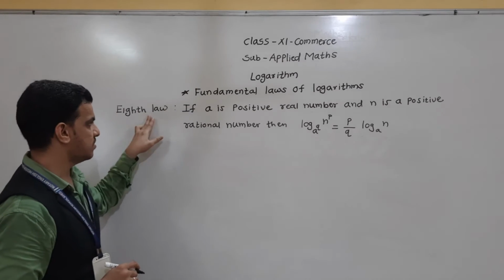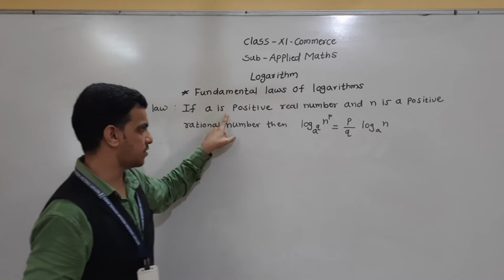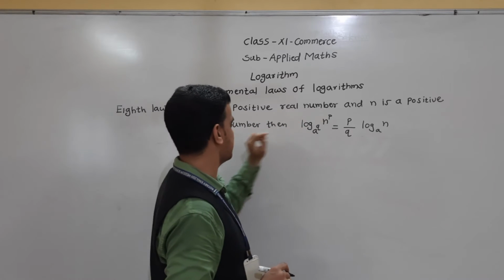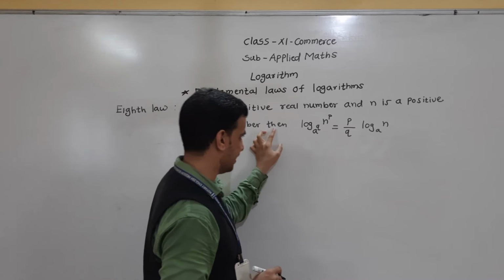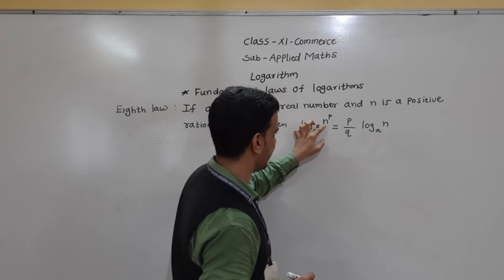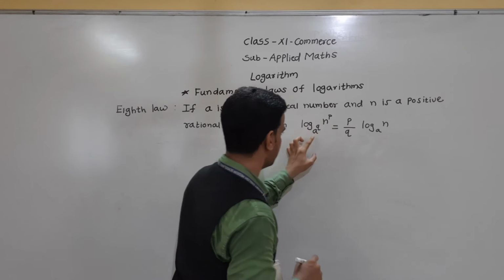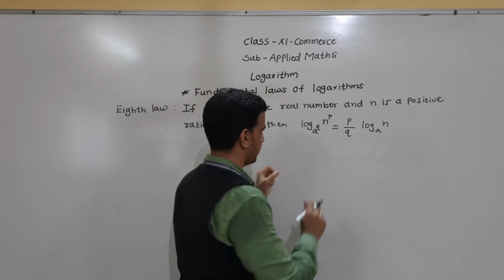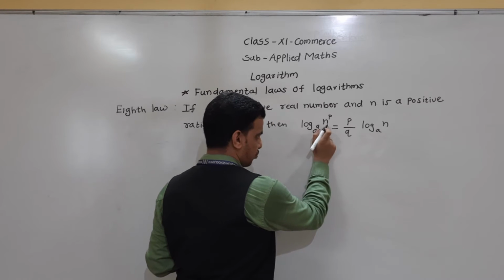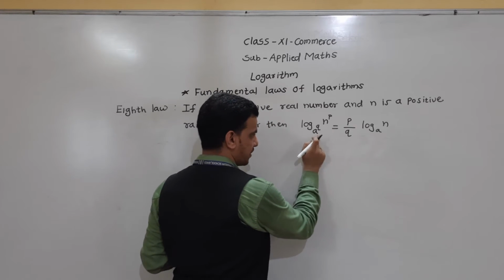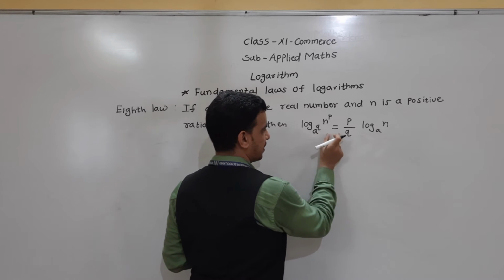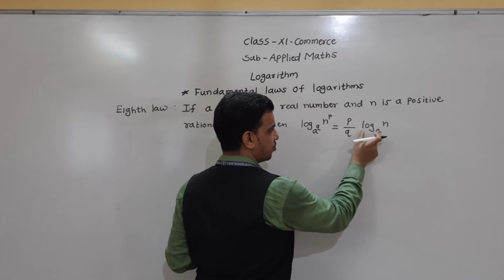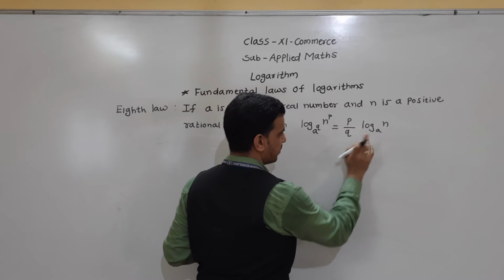The 8th law is, if a is a positive real number and n is a positive rational number, then log of n raised to p to the base a raised to q, here n raised to p as an argument and a raised to q as a base, then we can write p by q into log of n to the base a.